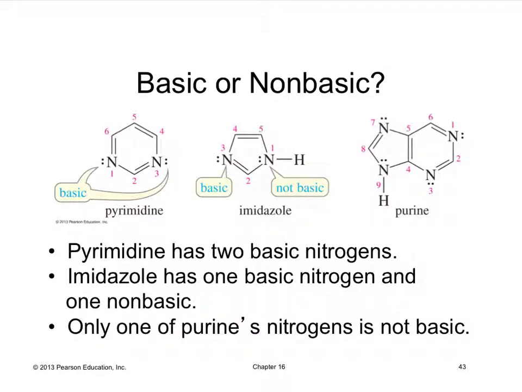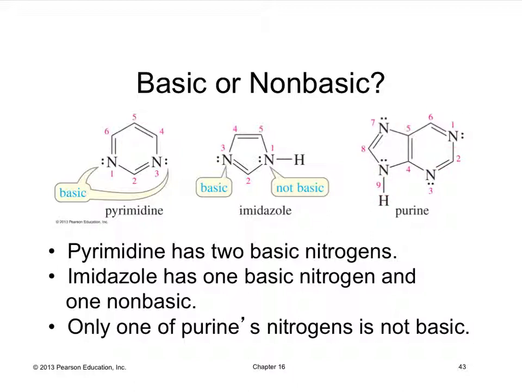Basic or non-basic: pyrimidines have 2 basic nitrogens over here. Imidazole has 1 basic nitrogen over here, and then in the other ring only 1 of these nitrogens is not basic, which is this one.